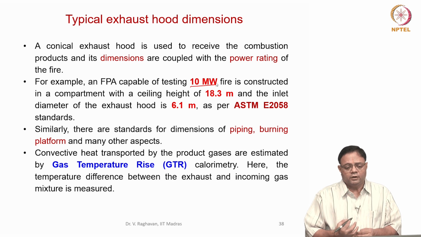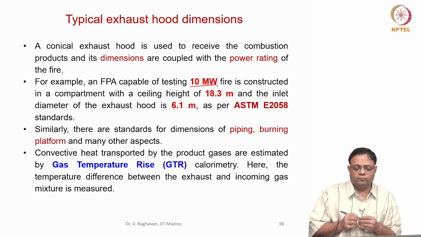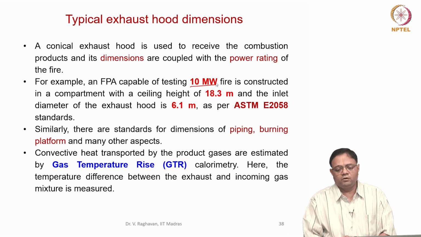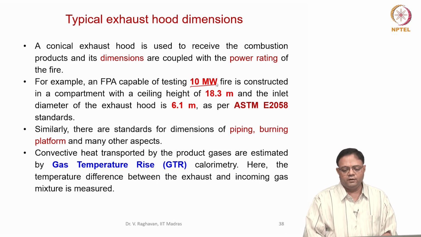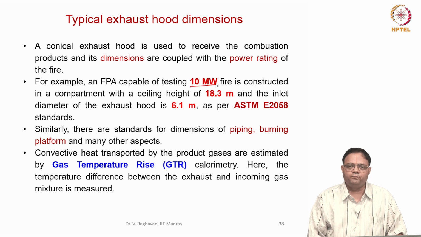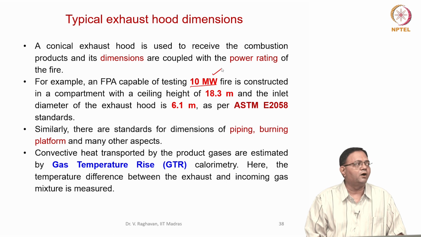So, when you create a fire, an FPA type of apparatus can accommodate larger fire powers. Fuel loading can be such that the fire power can be very high. So now let us take a typical example of FPA where we try to analyze a 10 megawatt fire.